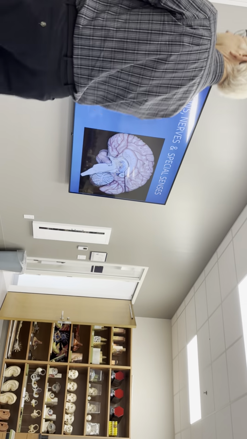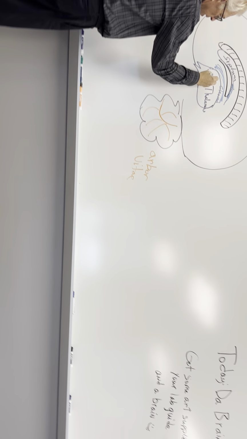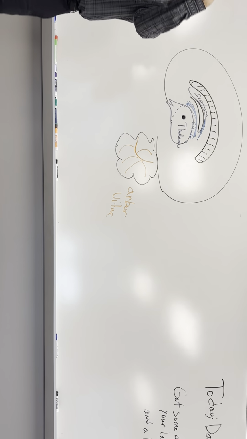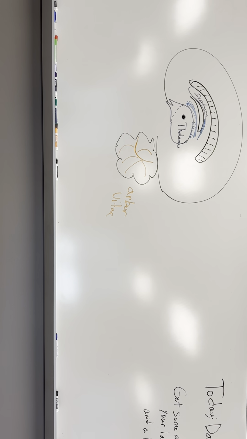Do you see the word right there next to the word thalamus? This is the interthalamic adhesion. This is a little pin that sticks out that attaches the two thalami. Do you see it halfway down the second column?